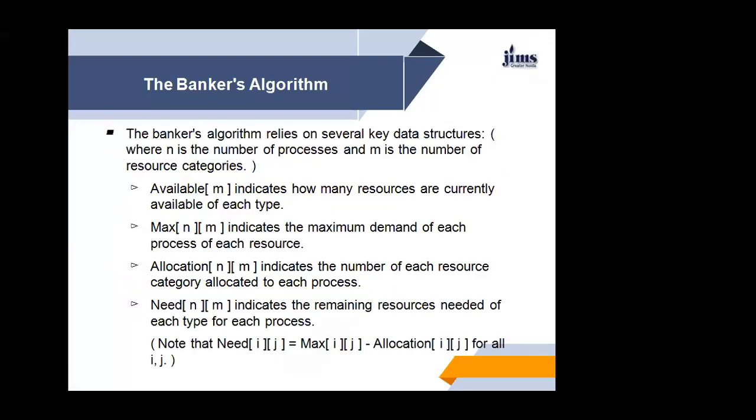The Banker's algorithm relies on several key data structures, where n is the number of processes and m is the number of resource categories. Available[m] indicates how many resources are currently available of each type.